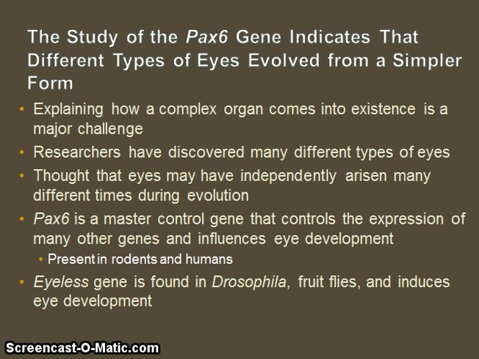So, evolutionary biologists have had a pretty tough time trying to explain how a complex organ comes into existence in the first place. For example, why does a limb, an arm or a leg, come to be? And even Darwin himself admitted that understanding the evolution and development of the eye specifically wasn't easy.